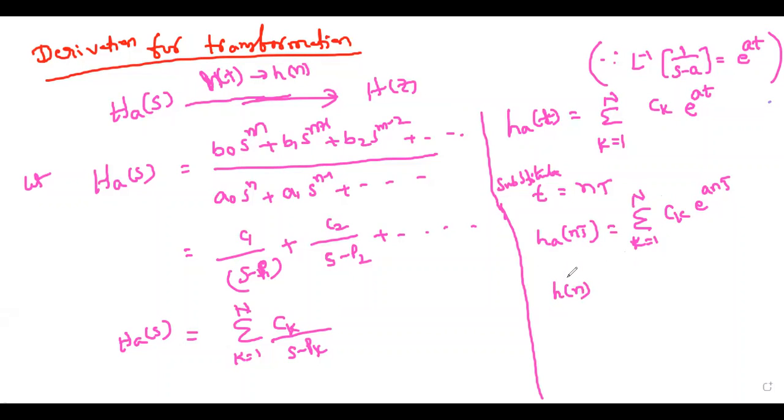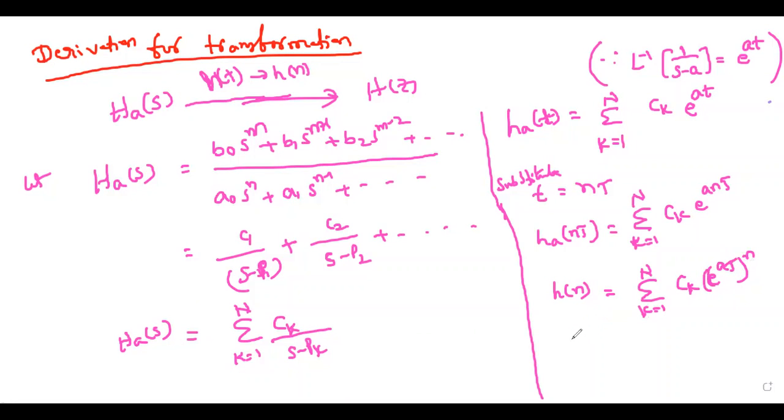We can write it as h of n because we are taking only the samples in a discrete fashion. We can make it a simple index h of n. This is equal to summation k is equal to 1 to N, c_k into e power p_k T whole power n.